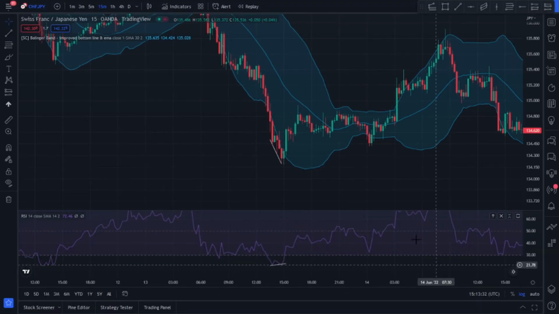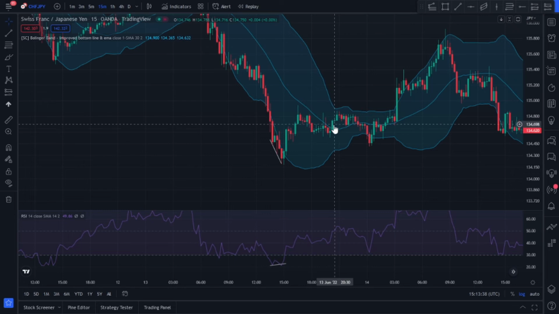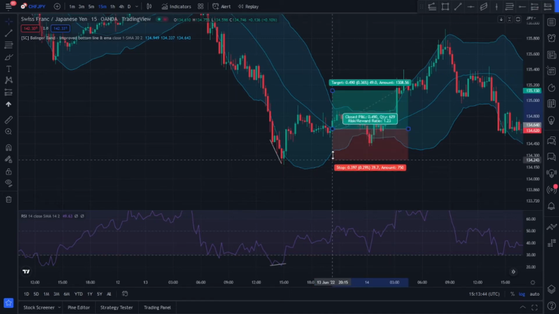So we have a divergence, and the price will rise. When the candle closes above the 20 EMA, we take a long position and set a stop loss and a take profit. And it closes with profit.